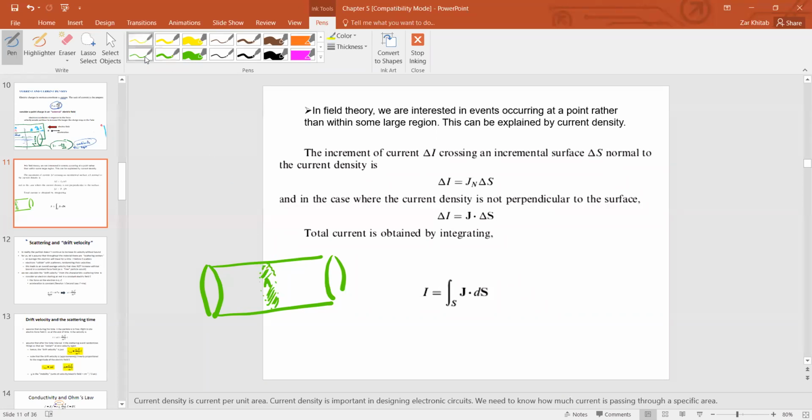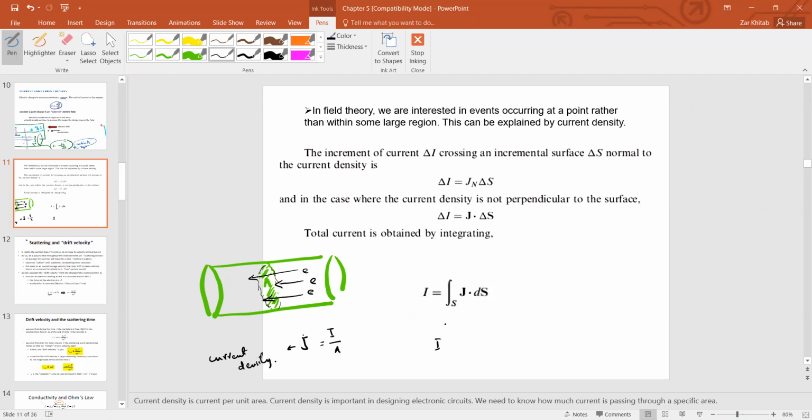The electrons are moving through this cross-sectional area. So the current through area A is called J. This is called current density. This is a new definition.